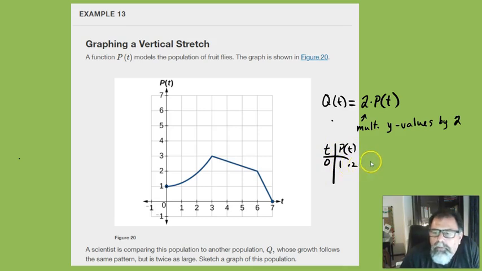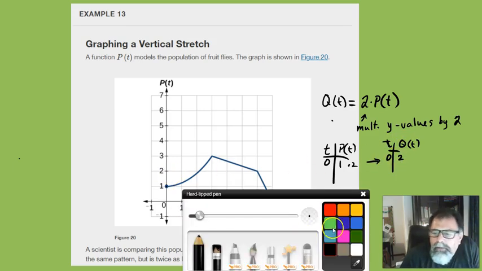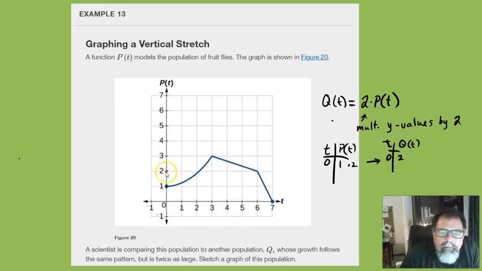We're going to multiply the 1 by 2, and that's going to give us T, Q of t. So that'll be 0, 2. So let me change this to red. So 0, 2. And then you see how this is at like 1.2, so that'll be like 2.4.